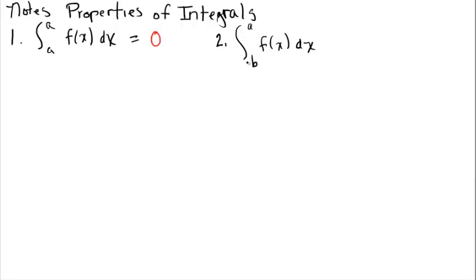I just want you to notice the limits here. We usually start with a at the bottom and b at the top. A usually represents the smaller x value, and b is the larger x value. So what effect on the answer would I have if I put the bigger x first and the smaller x last? Instead of working from left to right and accumulating the area, we're working from right to left.